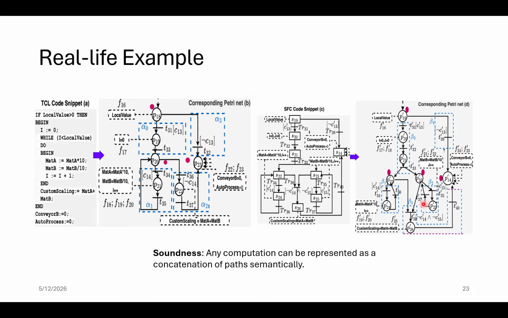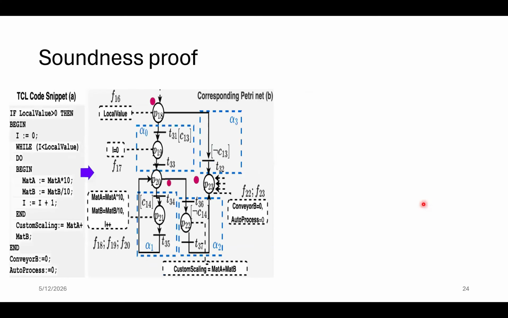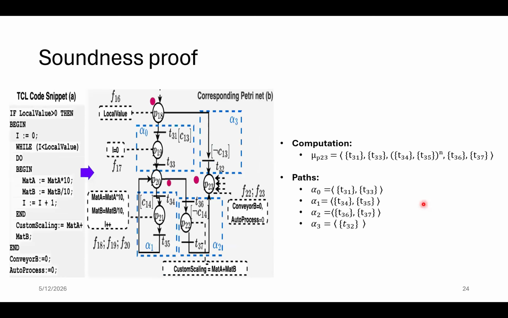But here we have to show that any computation can be represented semantically as a concatenation of paths. How can we do it? Let's take one example, the computation of the code P23: T31, T33, T34, T35, T36, then T37. The paths are the dotted boundaries alpha 0, alpha 1, alpha 2, and alpha 3.